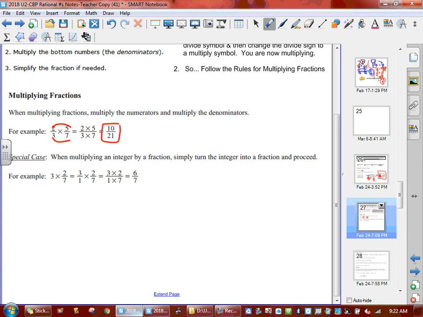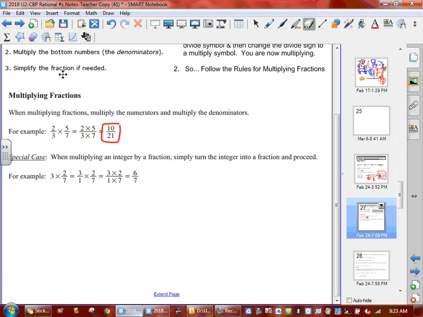Now, what is that strategy we looked at yesterday to simplify? Cross-canceling, cross-simplify. So, cross-canceling, remember, you're trying to divide out a common factor. So, let's just look diagonally and see if there's anything that we can divide out.